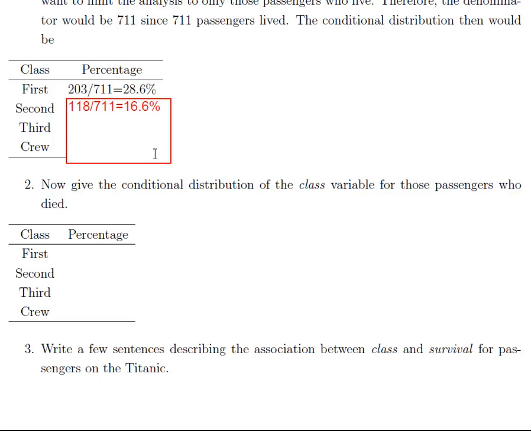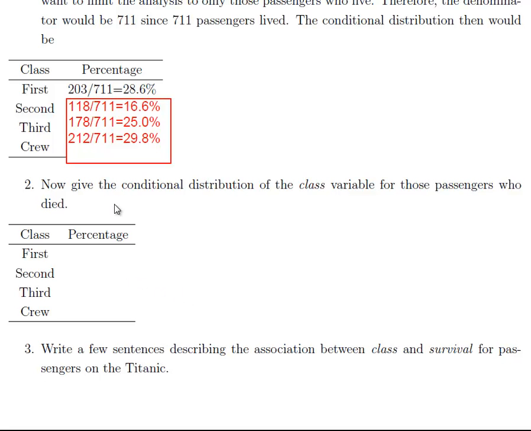From third class, there was 178. These are going to add up to 100. And then from crew, there were 212 that lived out of 711. So that's 29.8%. All right, so that's the distribution of class for the people that lived. So that's a conditional distribution.